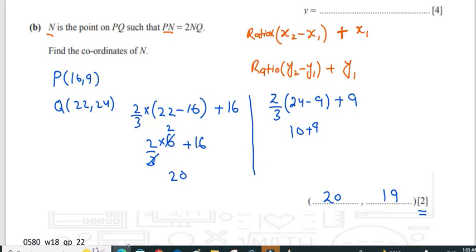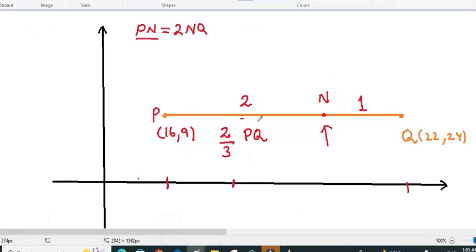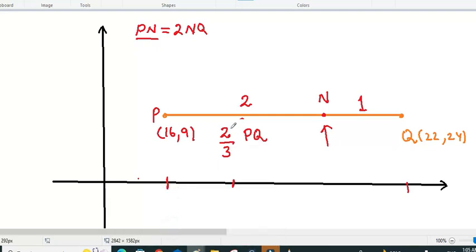I'll also explain this to you, but first of all let me do this over here to solve the question, and then I'll explain it to you. Now the ratio in which this point N is dividing PQ is 2:3, right? So it's 2:3 of PQ.